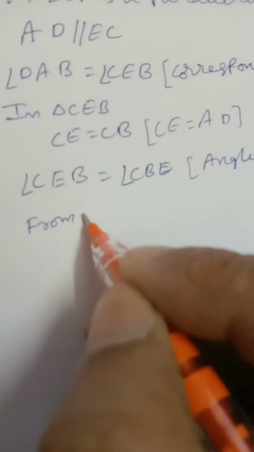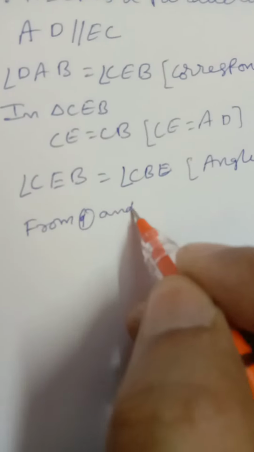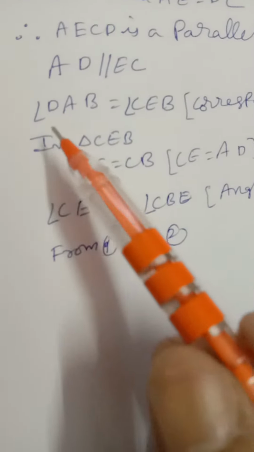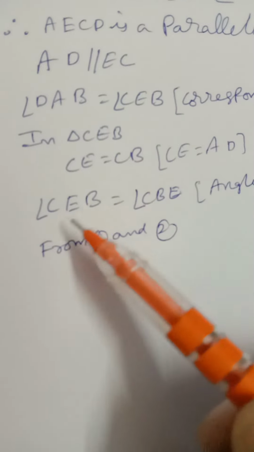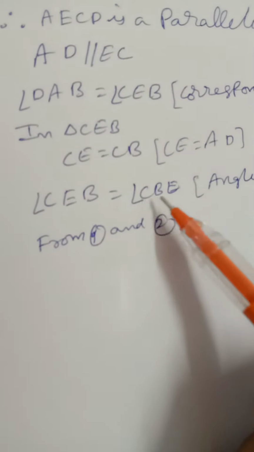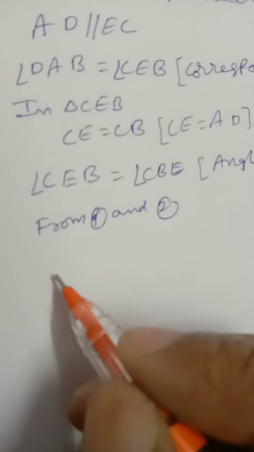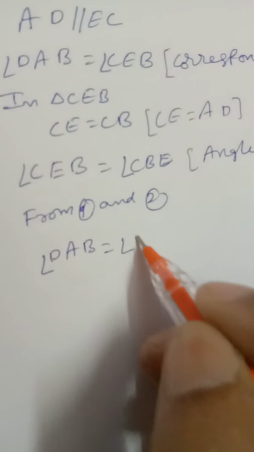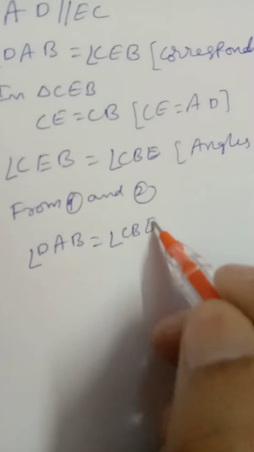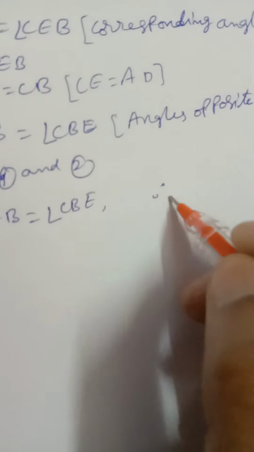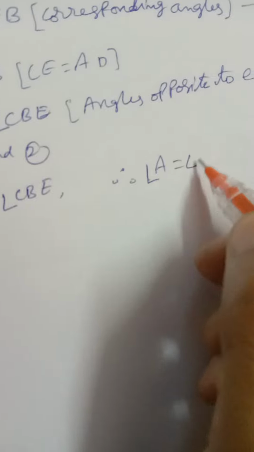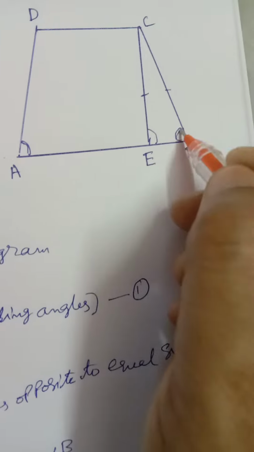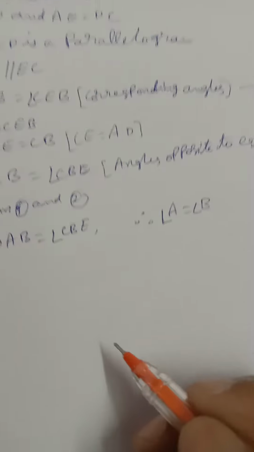From 1 and 2, angle DAB is equal to angle CEB, and angle CEB is equal to angle CBE. Therefore angle DAB is equal to angle CBE. Therefore angle A is equal to angle B.